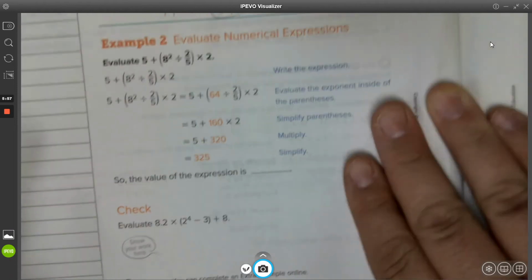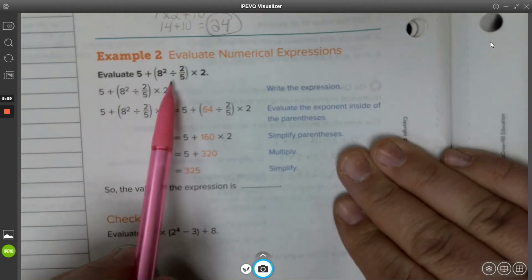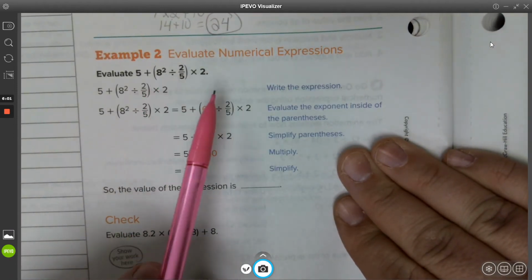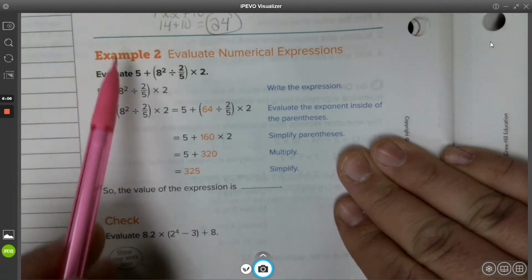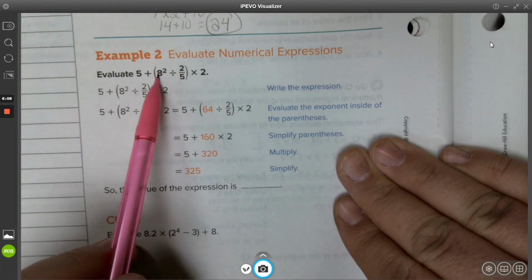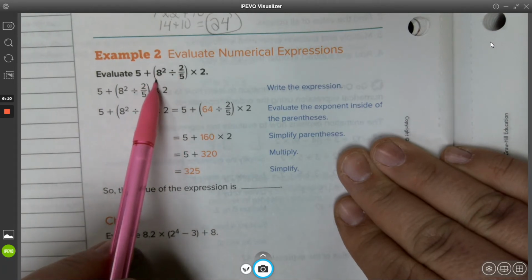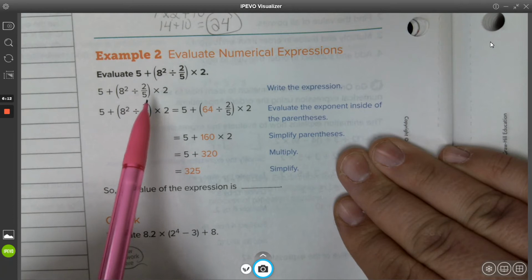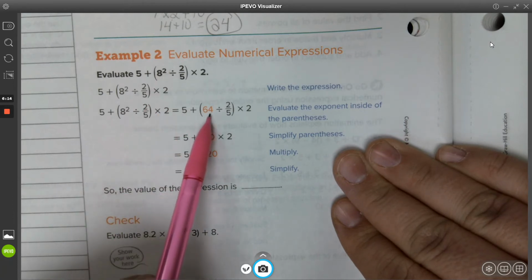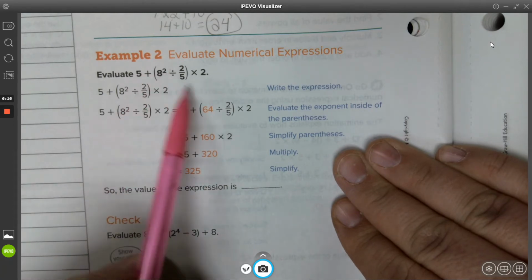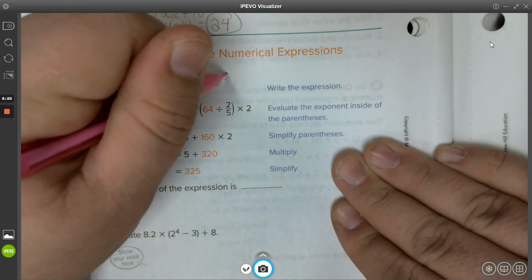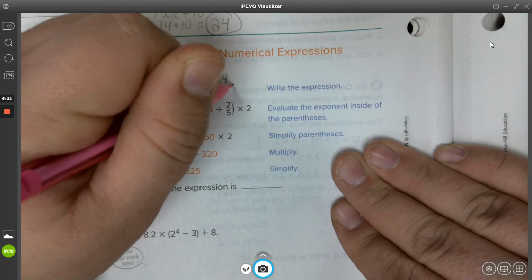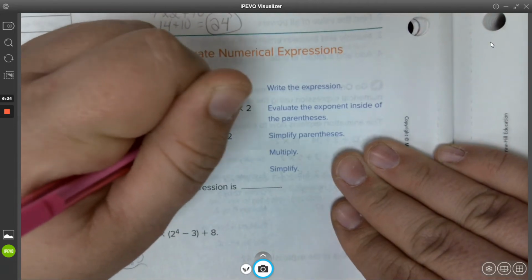All right, moving on to example 2. Now we're dealing with some fractions and exponents inside our parentheses. Nothing changes though. So remember, the first thing that we're going to do is our exponent, which is in here. So that would become 64. 8 times 8 is 64. Then we divide by 2/5. Remember, when we're dividing, put 64 over a 1, and you keep, change, flip.